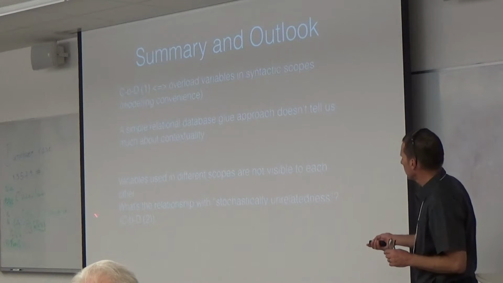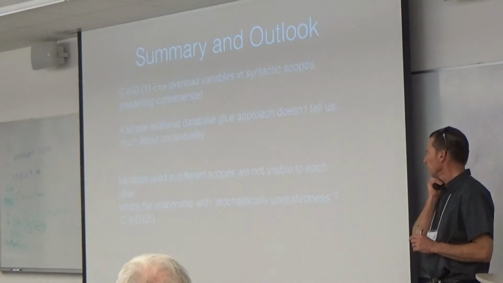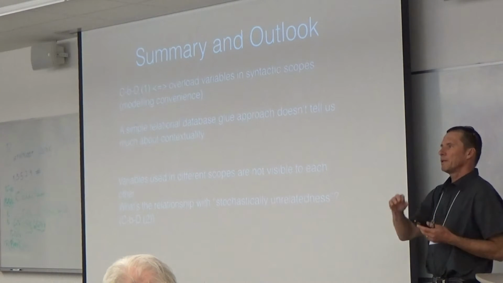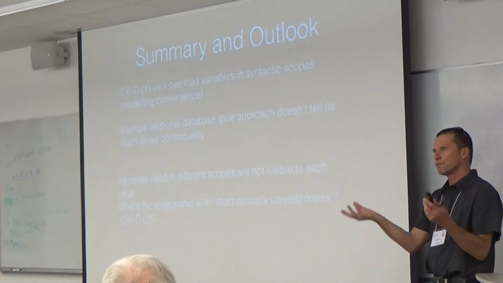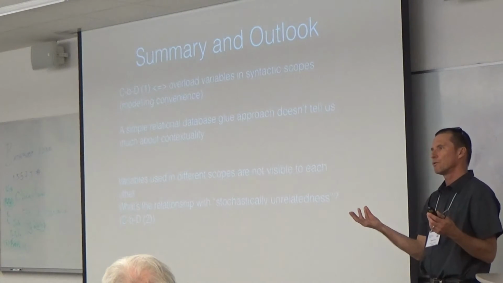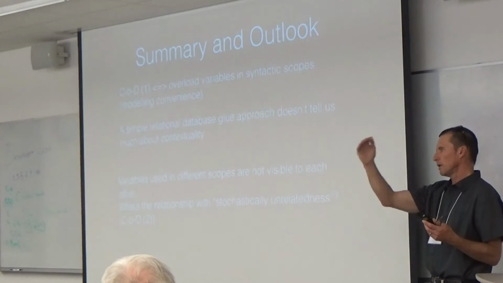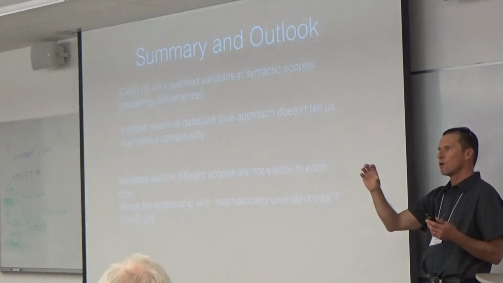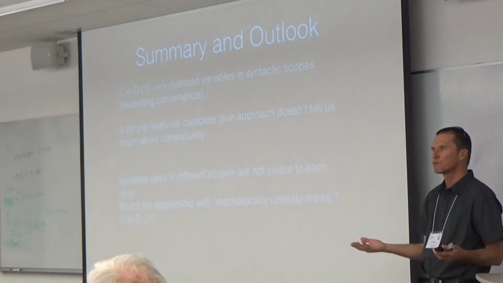I think for further work, there is this issue of stochastic unrelatedness, because when you're developing these probabilistic programs, you can develop syntactic scopes which correspond to, for example, different experiments that you're conducting. And in programming languages, if you declare a variable local to a scope, it's not visible to variables in other scopes.